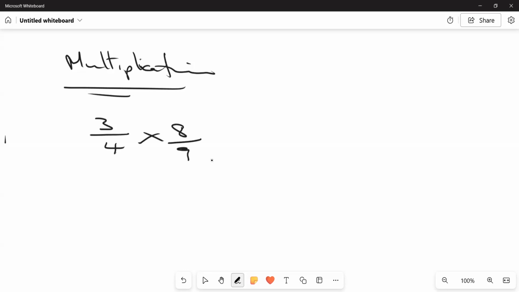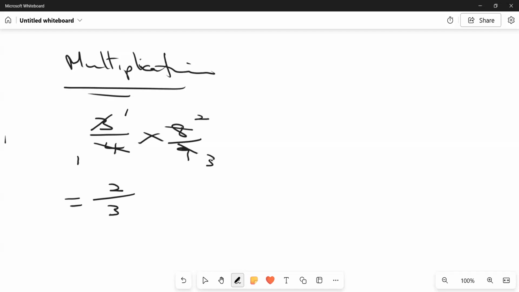You can cancel any numerator with any denominator, right? So you can cancel 3 1s, 3 3s, 4 1s, 4 2s, and then 1 by 2, you put 2 there. 1 by 3, you get 3 there, and you finish. Very simple. You can cancel any numerator with any denominator.